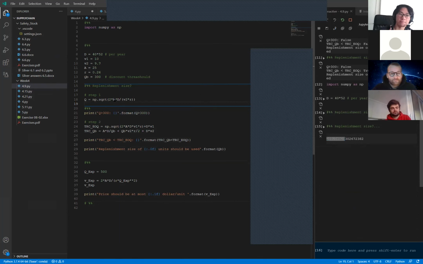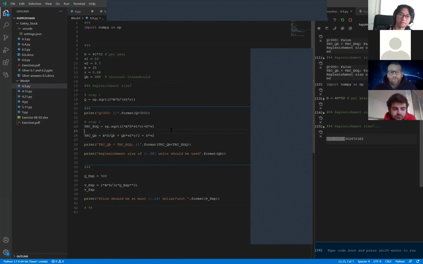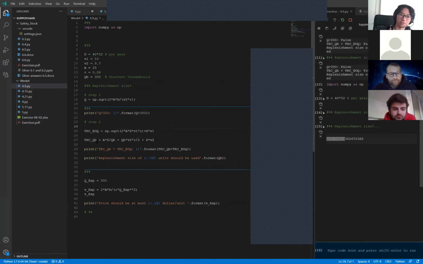And then, that's what we discussed, we calculate the two total cost points. The first one is the base EOQ, and the second one is the threshold, 300.